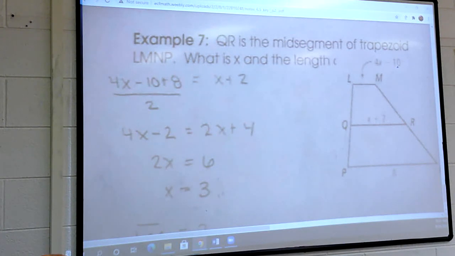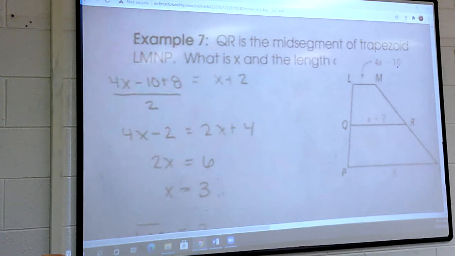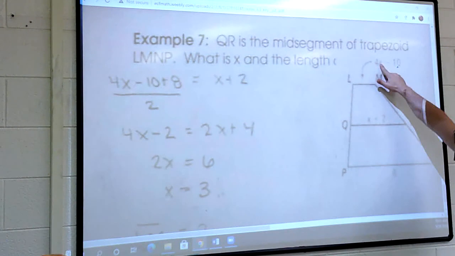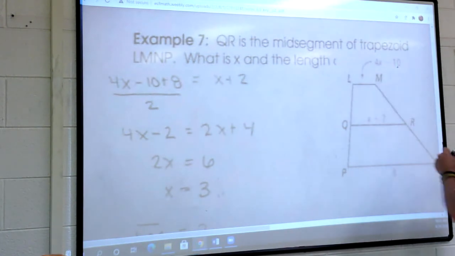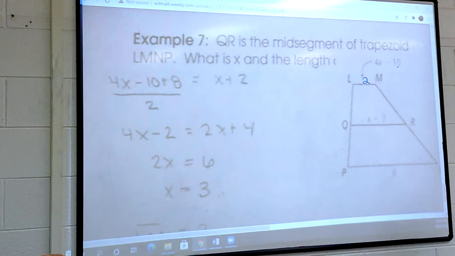Now, just so you know that x equals 3, let's think about it and make sure it actually makes sense. And it does, but let's make sure it does. If x equals 3, 4 times 3 minus 10, that's 12 minus 10. That means this top line is 2. X is 3. 3 plus 2 is 5.